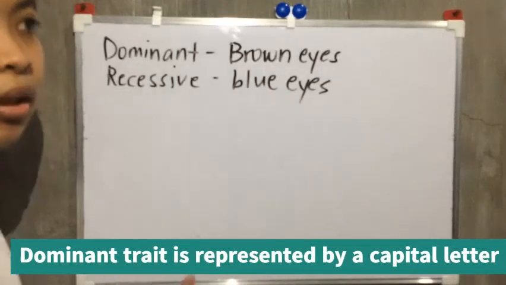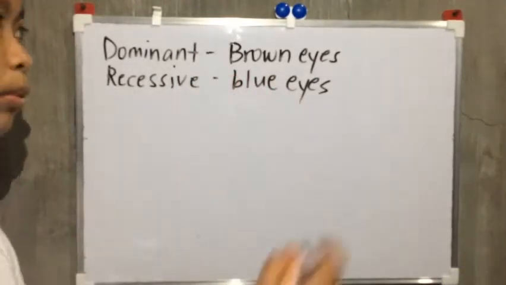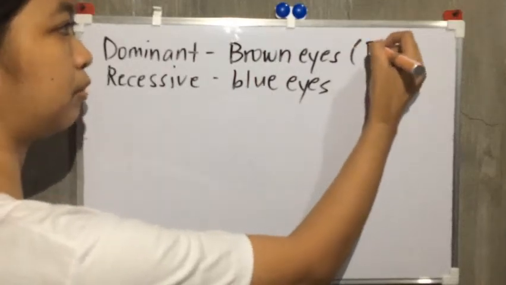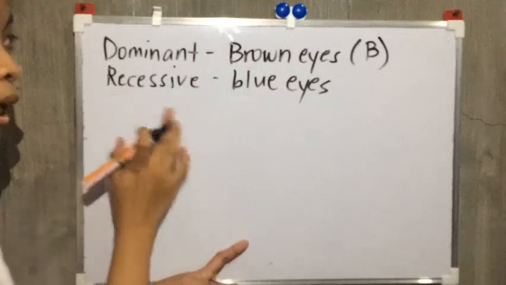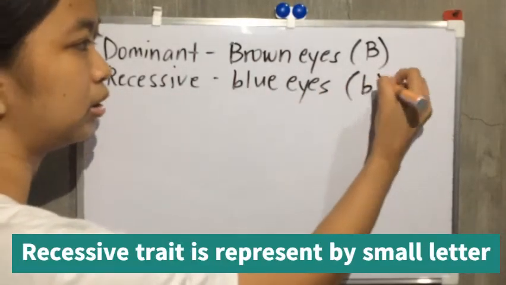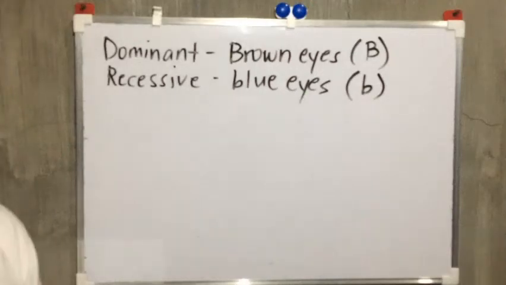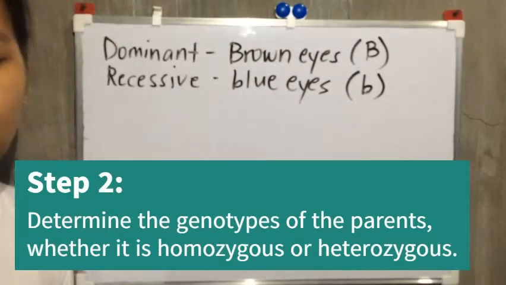Lahat ng dominant, capital letter. So let's use letter B. Since brown and blue, the symbol for brown eyes is capital letter B since it's the dominant. And if it is recessive, we're going to use small letter, so small letter b.